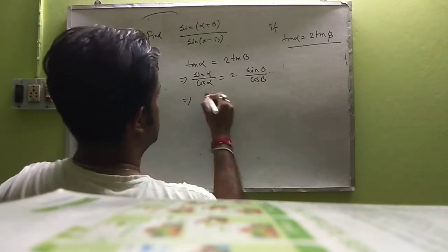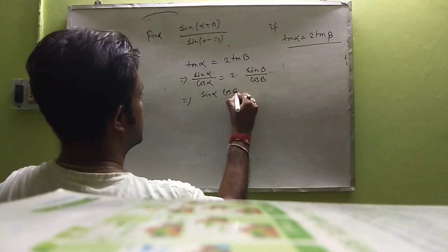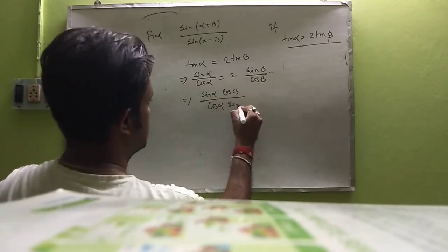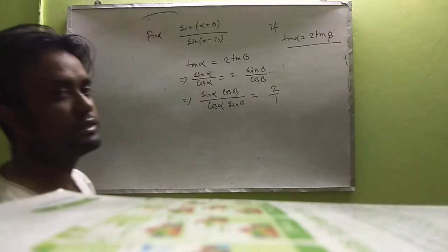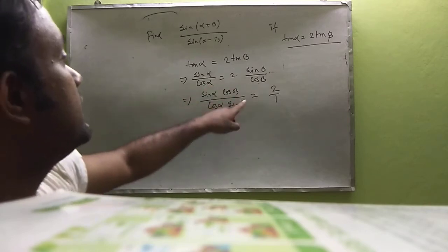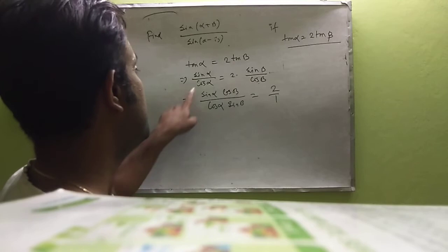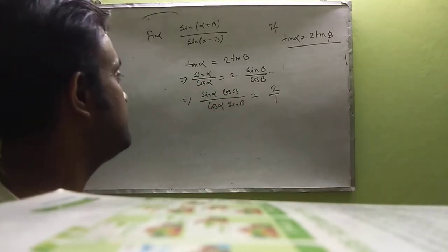How do we use that? Sin alpha into cos beta by cos alpha into sin beta is equal to 2 by 1, by cross multiplying.